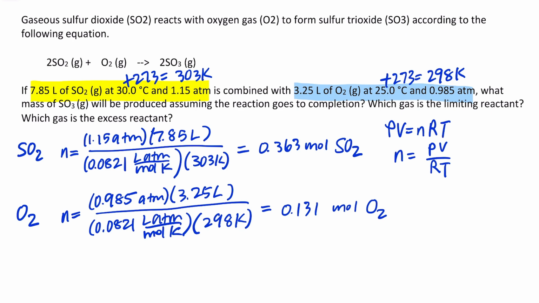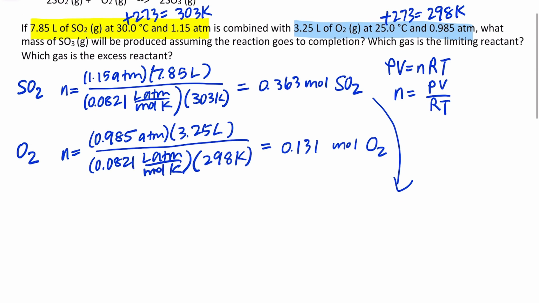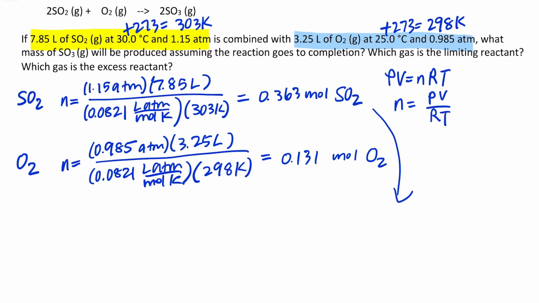Now, this will not find us our limiting reactant or the excess reactant, because according to the balanced equation, there are 2 moles here of SO2. So what we're going to have to do is determine the moles of O2 needed to react with all of SO2. So we're going to take this number here, and then multiply by the coefficients in the balanced chemical equation.